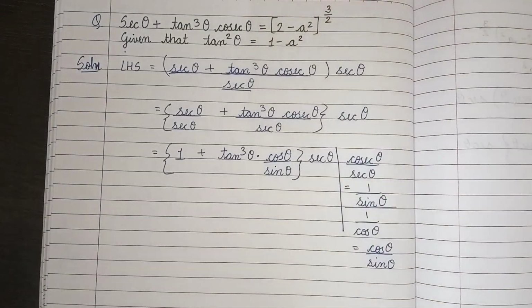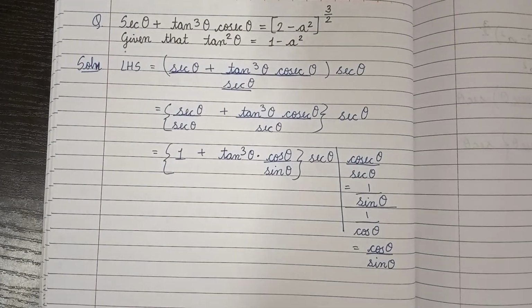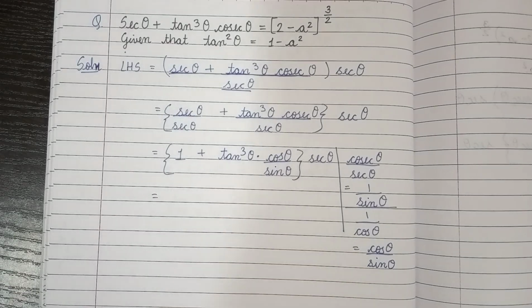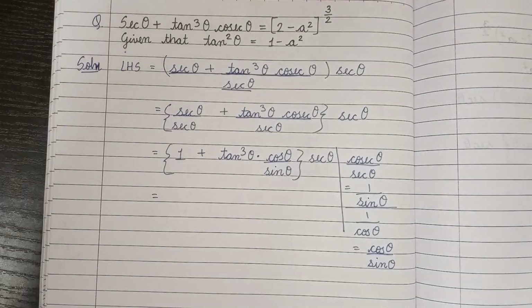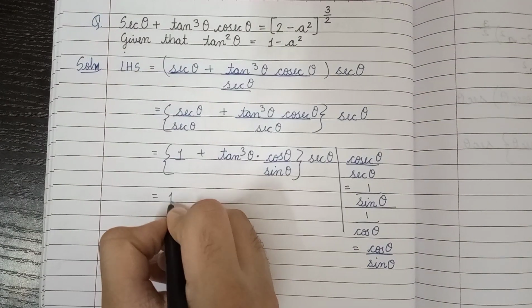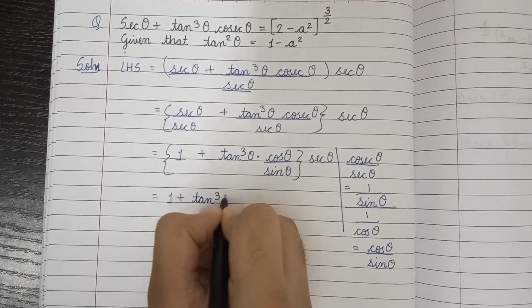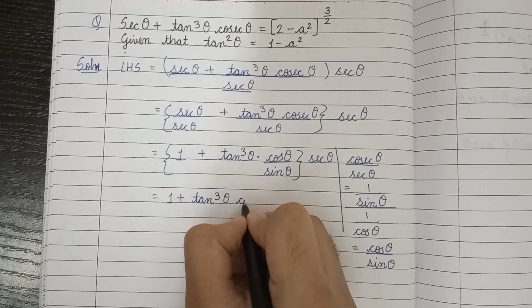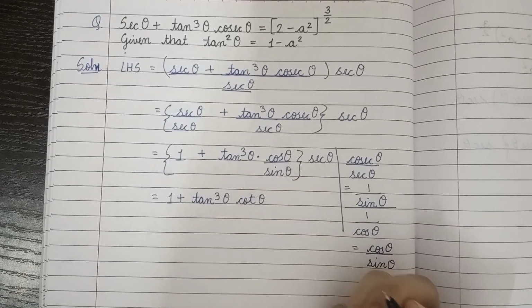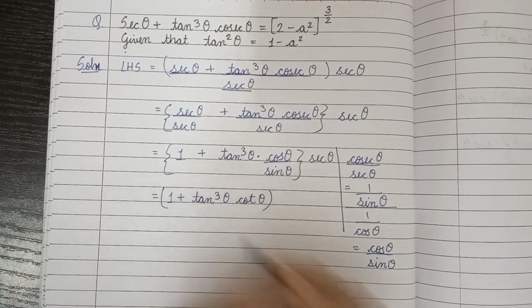Moving on to the next step, which is 1 plus tan cube theta into cot theta, as cos theta by sin theta is cot theta by definition, into sec theta.